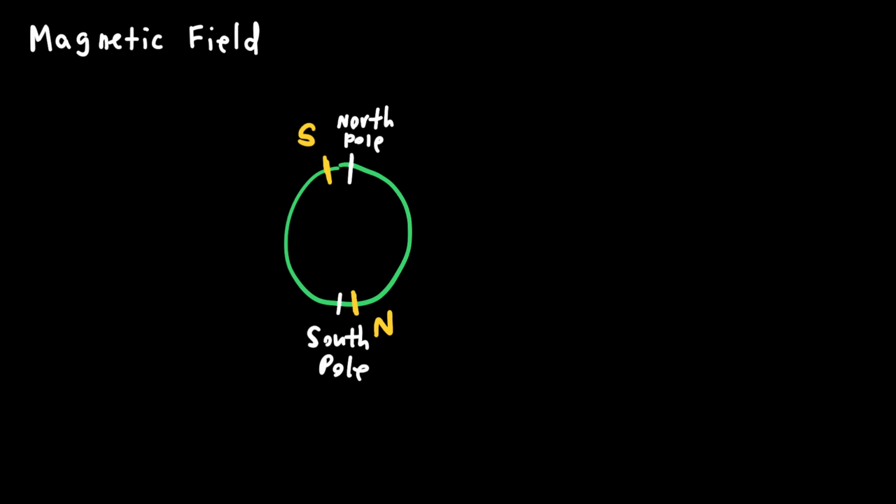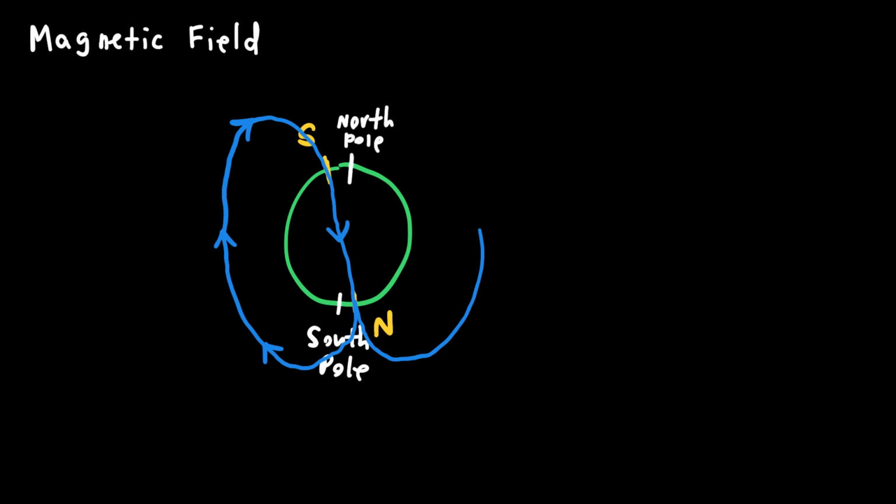So something like this, where they start at the north end and go around the Earth and come through the south end. And they have a direction to them. They would go in this direction. And we could draw another line going in the opposite direction.